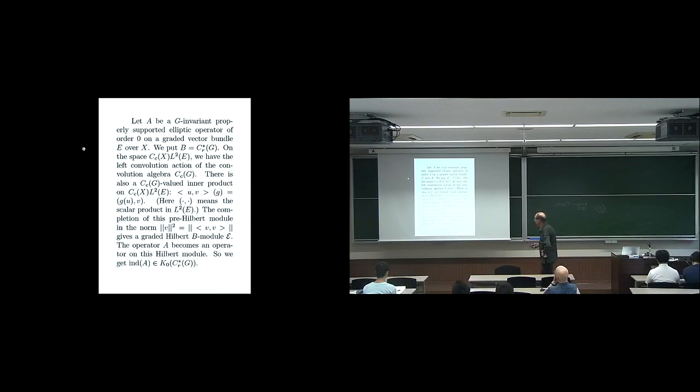You make an operator on the Hilbert module, and so the operator becomes Fredholm and gives an element, an index, in the K-theory of the C-star algebra.